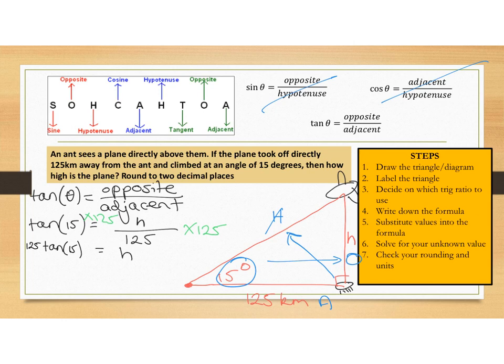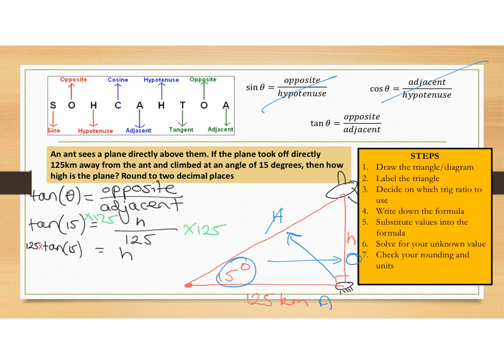And then what happens is this goes in my calculator, and remember that there's a multiplication in between there. So I'm going to enter 125 multiplied by that tan of 15 degrees.